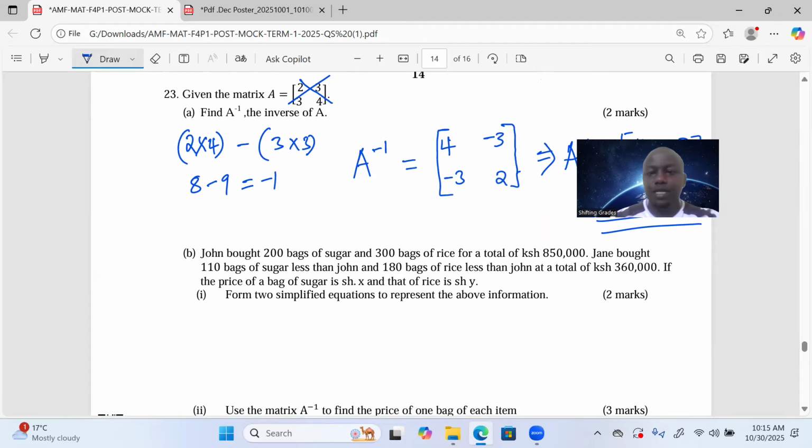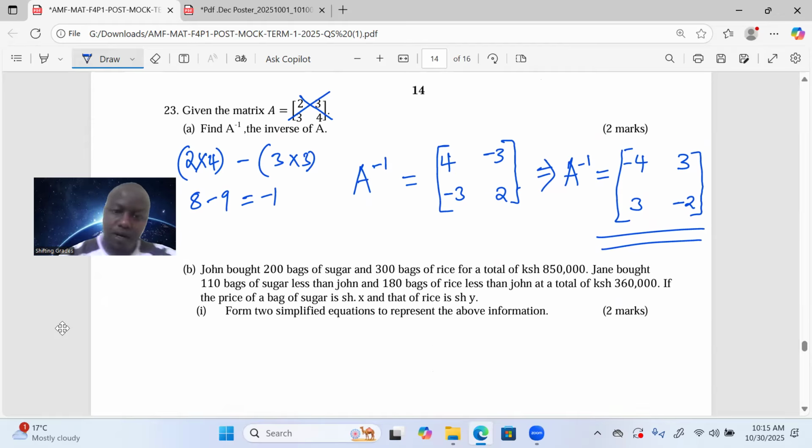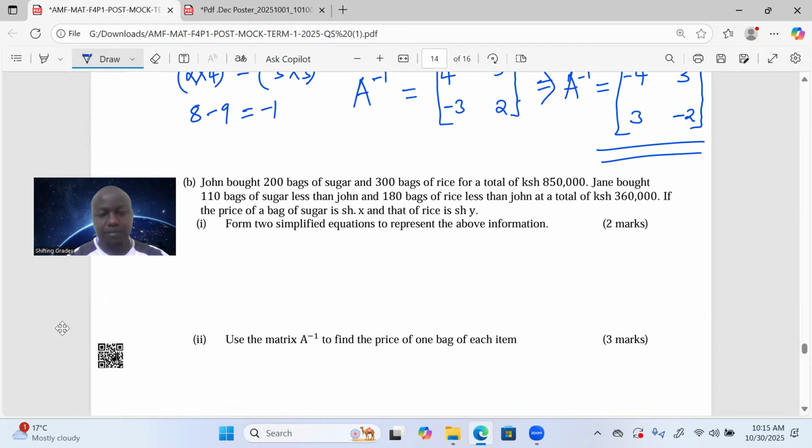Okay, let's proceed by doing this. According to these particular statements, we can say that 200 times the price of a bag of sugar, which has been let to be X, plus 300 times the price of rice, Y, equals 850,000.